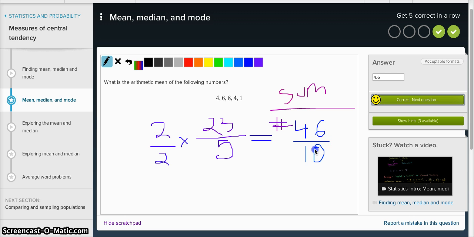I'm just letting you know. And 46 tenths means it's 4 and 6 tenths. And if you have trouble with decimal places, remembering what's tenths and hundredths and thousandths, I think I'm going to make you a video about that too, because I think I saw that you were struggling in that area.